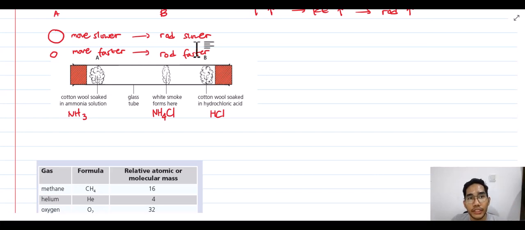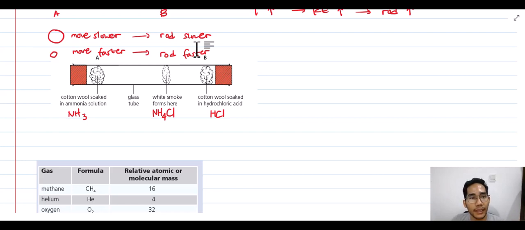Now, what can we observe from the experiment? What we can observe is that the white smoke, which is the ammonium chloride, is formed closer to the HCl, or the hydrochloric acid, correct?